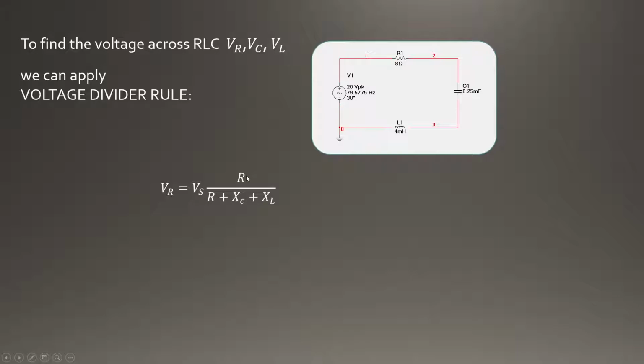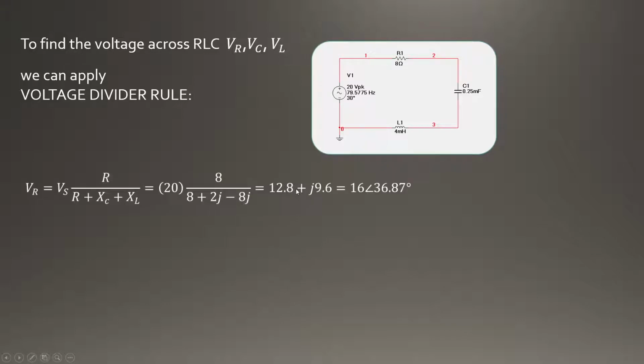As we have to find the voltage across the resistance, R will come in the numerator, and in the denominator we have the total impedance R plus Xc plus XL. If we solve this, we get 12.8 plus j9.6, and in terms of degrees we get this. As we are giving a phase shift of 30 degrees, the final value will become 16 with a phase shift of 66.87.